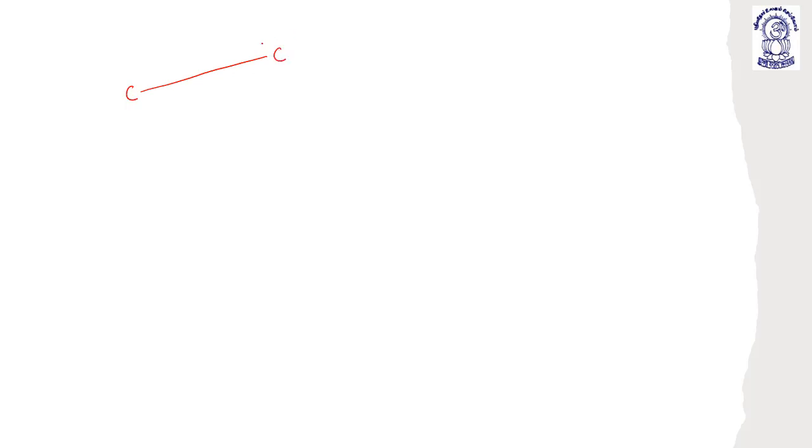Carbon-carbon, tilted line, straight lines. Okay, this is the sawhorse projection. If there is a 60-degree turn, this is the eclipsed form.